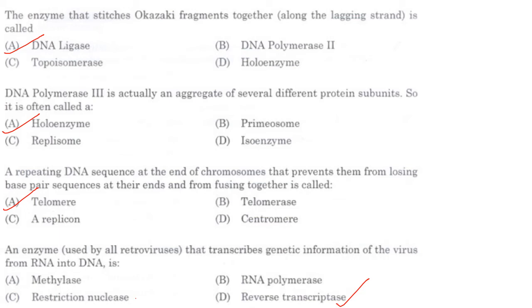An enzyme used by all retroviruses that transcribes genetic information of the virus from RNA into DNA. So that is being carried out by the enzyme restriction endonucleases. Oh sorry, it's not restriction endonucleases, it is reverse transcriptase. Okay, I made a mistake. So answer is option D, reverse transcriptase.